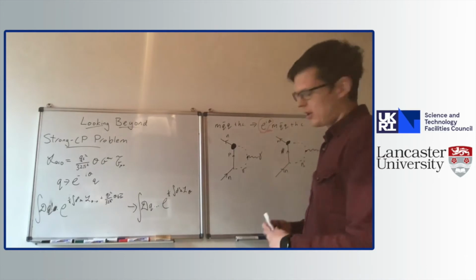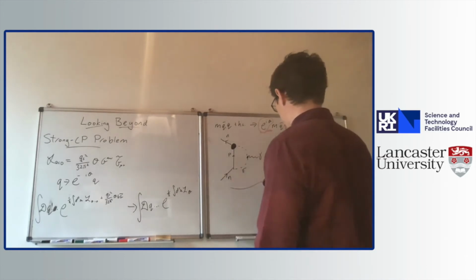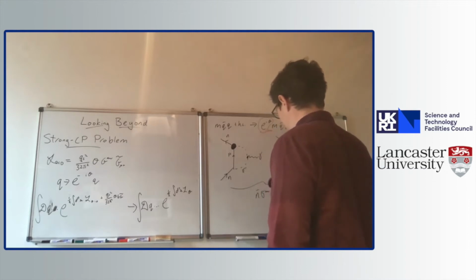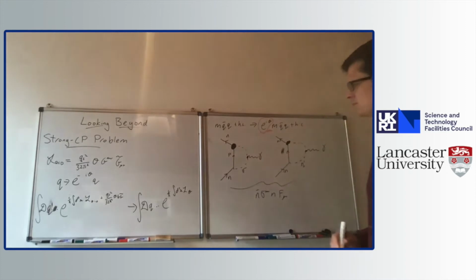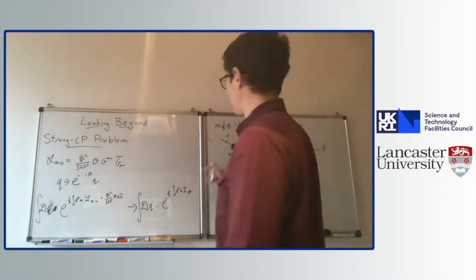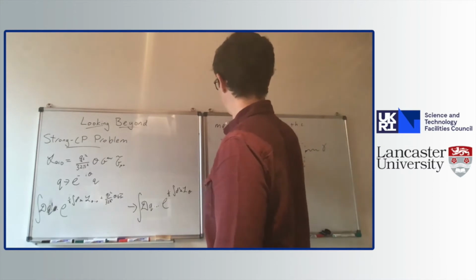And then when you add them all up, you get contributions that look something like neutron bar sigma mu nu neutron F mu nu. By the way, I'm working in terms of two component spinors, so let me not call it Q bar, let me call it QC, actually.